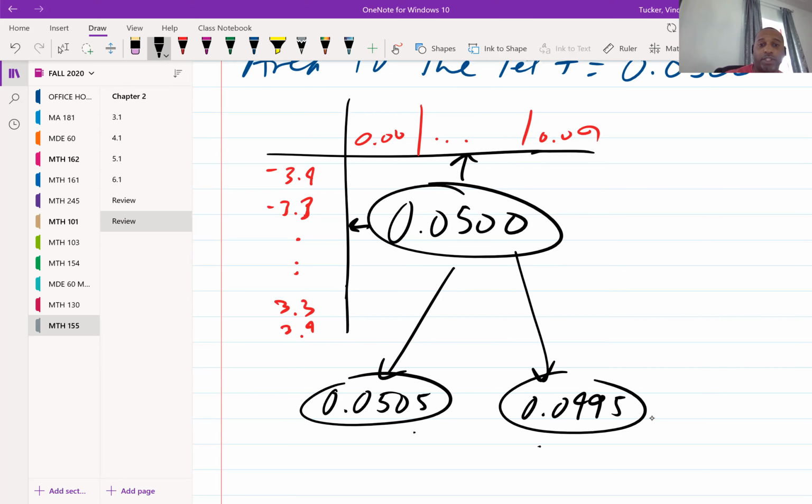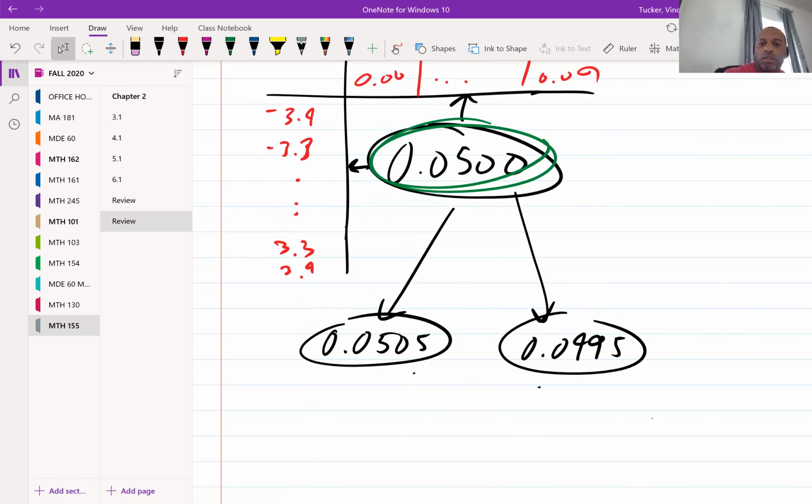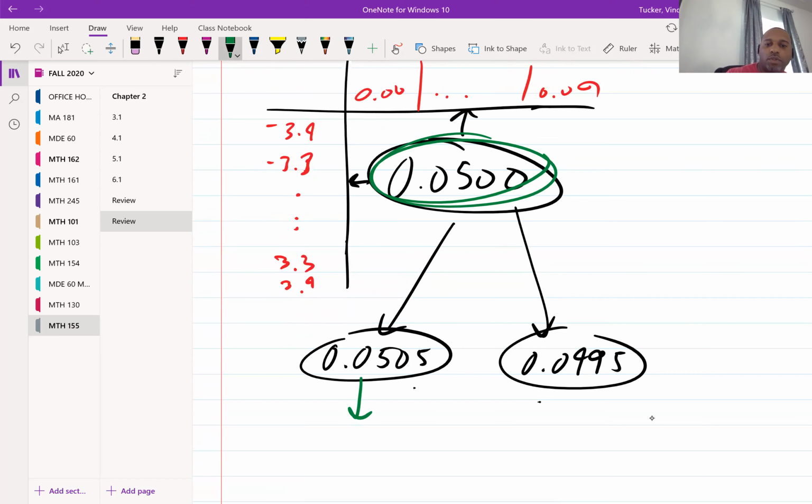Both of them are 0.0005 away from the value that we want, which is 0.0500. This one corresponds to 1.64, and this one to 1.65. Now, normally there's a clear-cut answer. In this case, like I said, it's right in between.